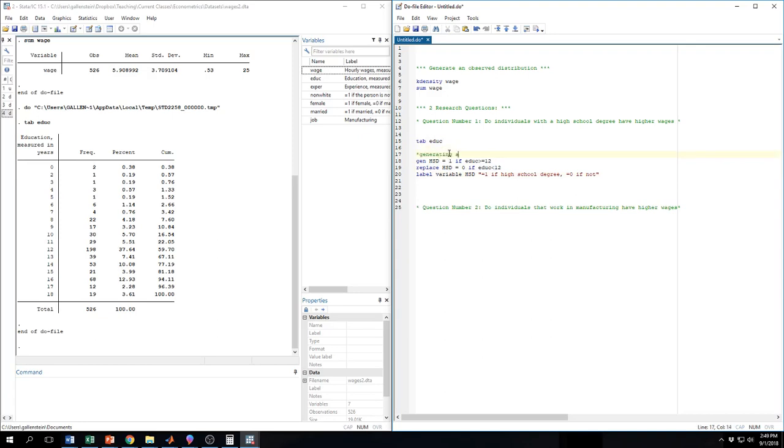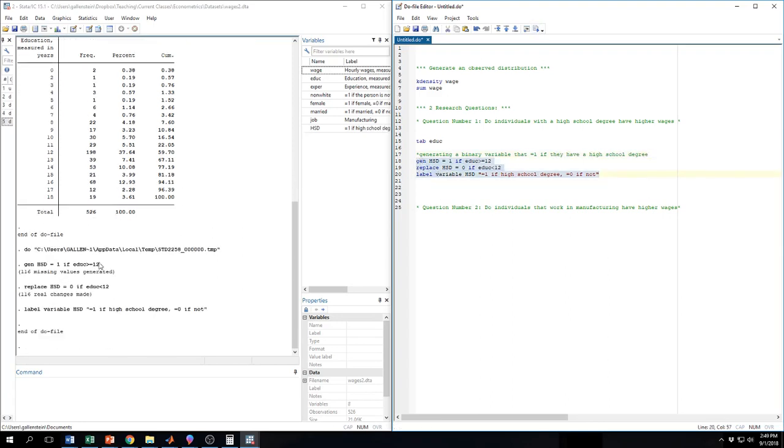Generating what kind of variable? A binary variable that equals 1 if they have a high school degree. All right, so then let's highlight this and hit it.